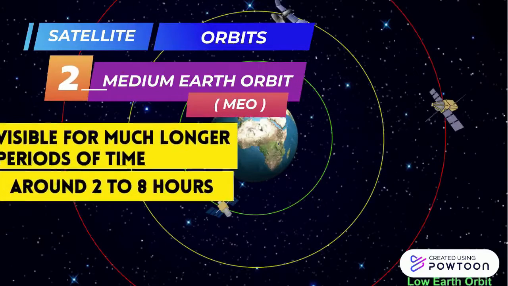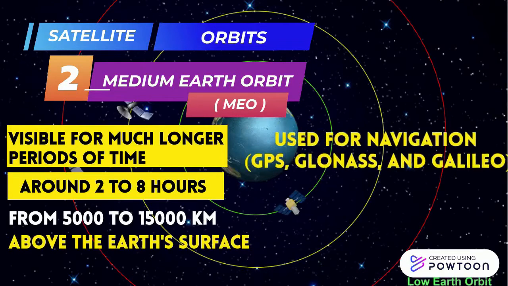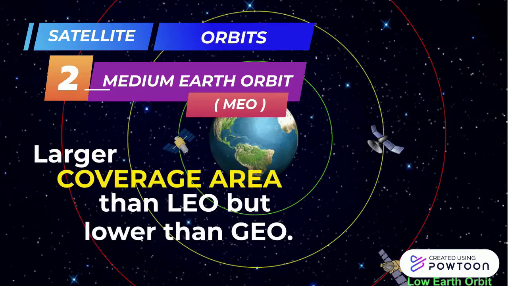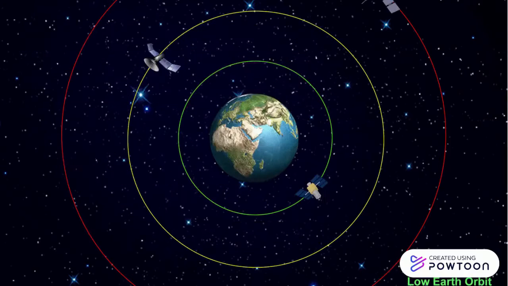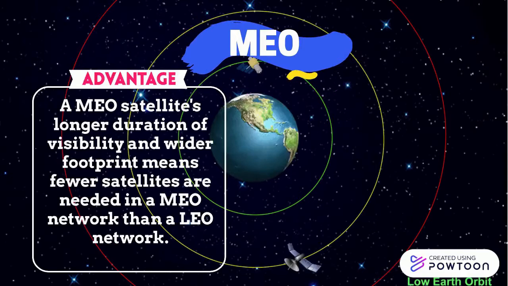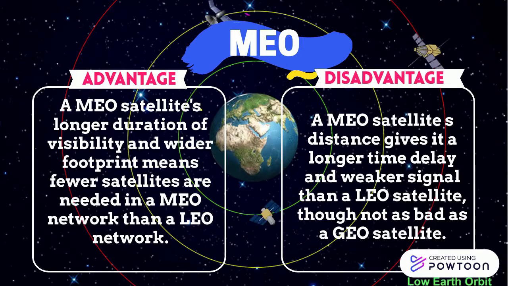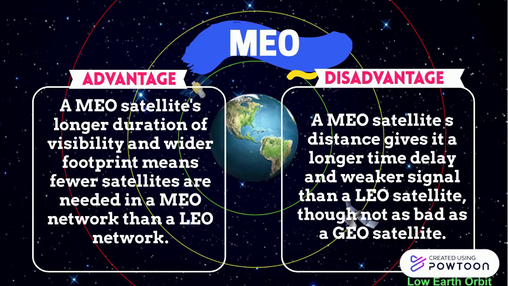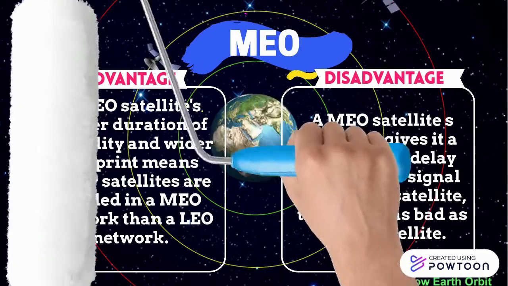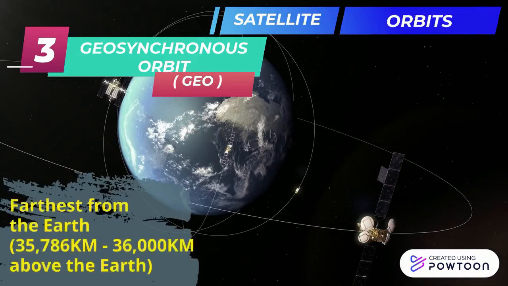Number 2, medium Earth orbit. The third one is geosynchronous orbit, which is known as GEO.